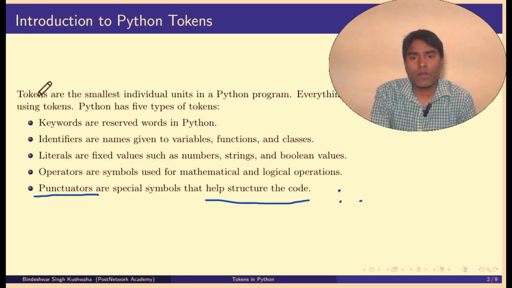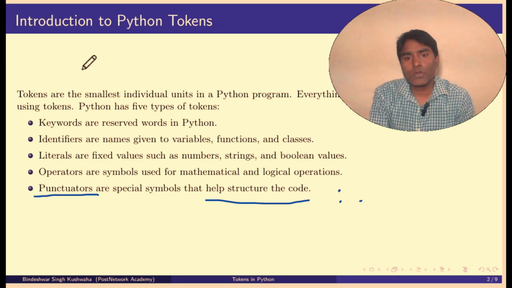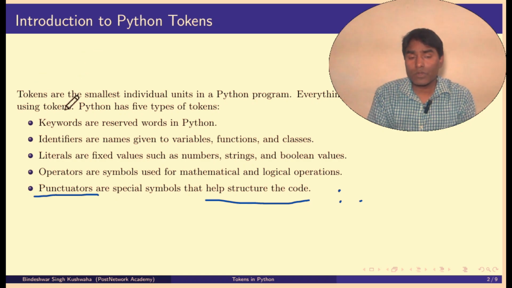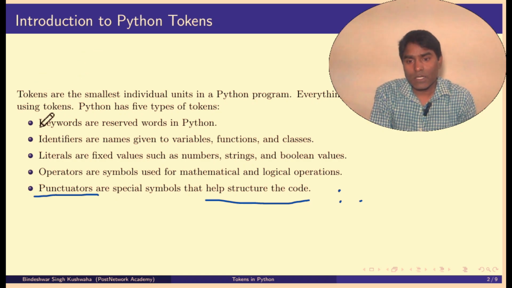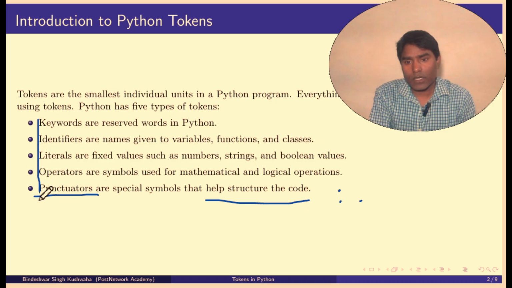There are 5 kinds of tokens in Python, and one should study them in detail. Again, recall: keywords, identifiers, literals, operators and punctuators.